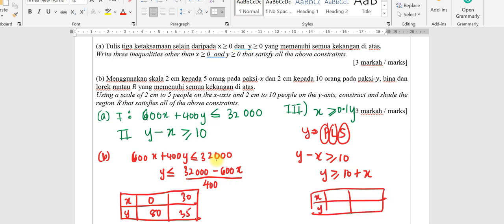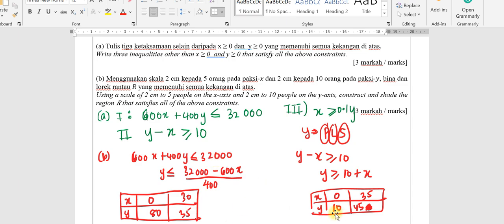For x and y: if you put x as 0, y will be 10. If you put y as 0, x would be negative 10, which is not working like that. Maybe I take 35, the maximum, and it will be 45.